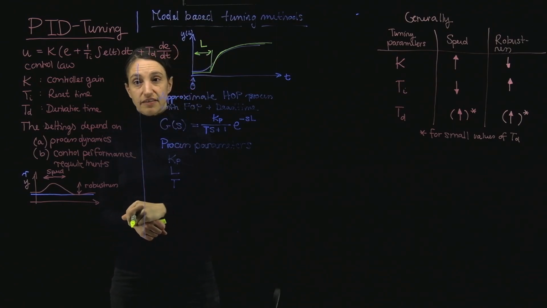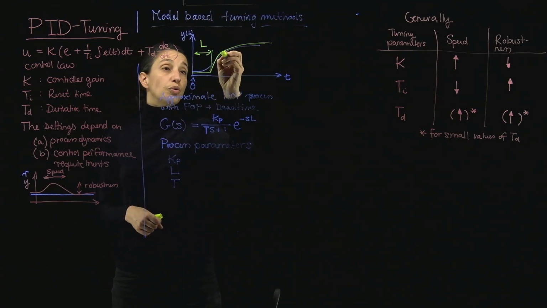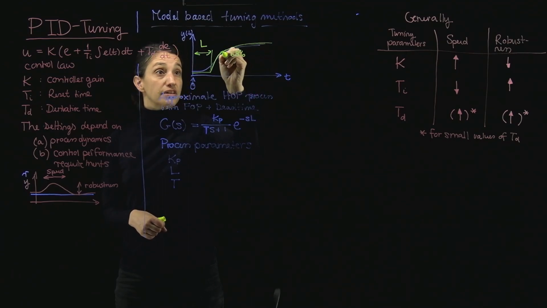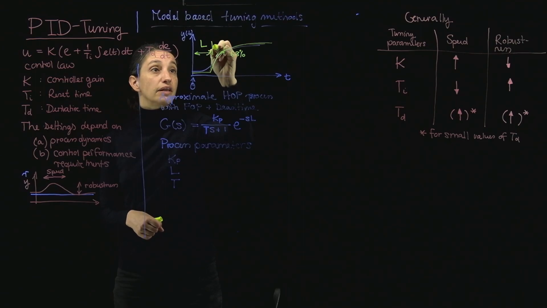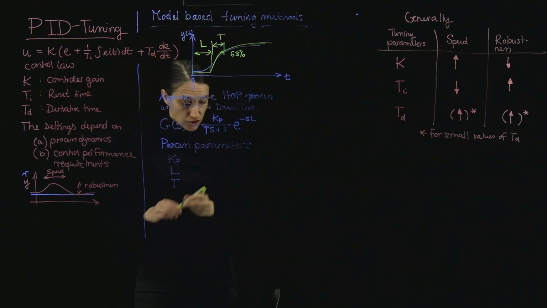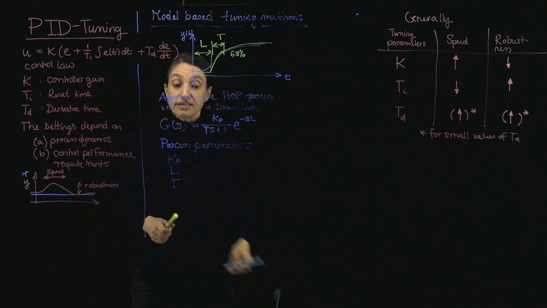We're going to call it L for the time being. And then I have the 63% threshold. 63% of my final value gives me the time constant T. So Kp is the process gain.